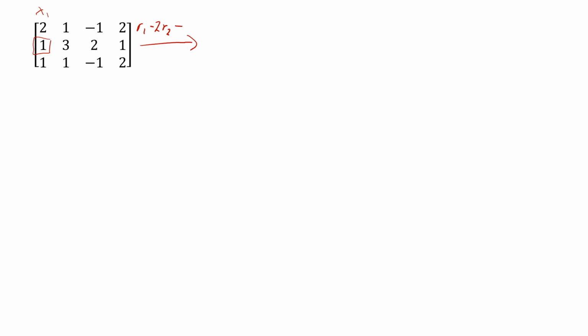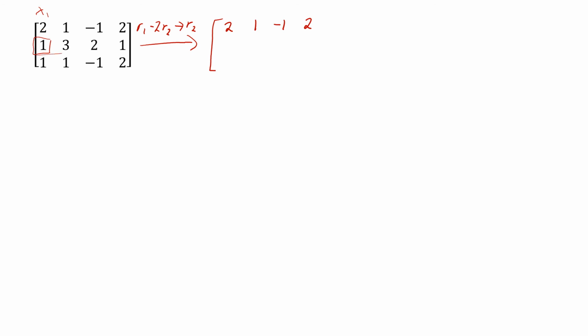So I'm going to make this my new row 2. So what does this give me? Row 2 is the only one that's changing, so row 1 is going to stay the same. 2, 1, minus 1, and 2.